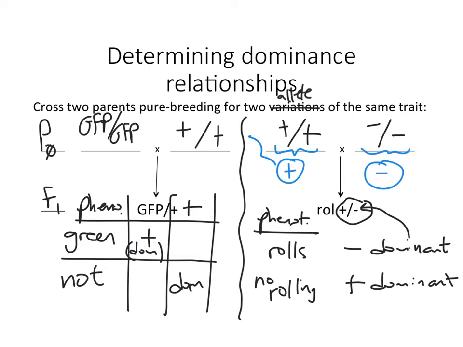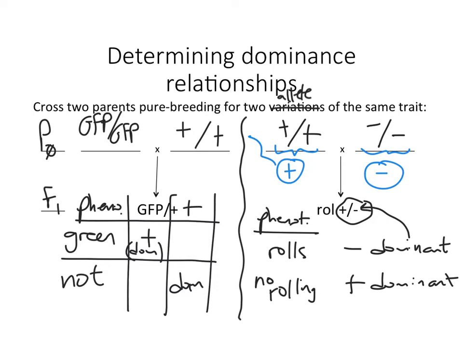So the question was, what if you can't tell by the phenotype? The definition of dominance is that you can tell by the phenotype. So it's sort of a circular argument. It's a good question. If you can't distinguish two parents by phenotypes, then you can't assess dominance, is the easy answer to that.